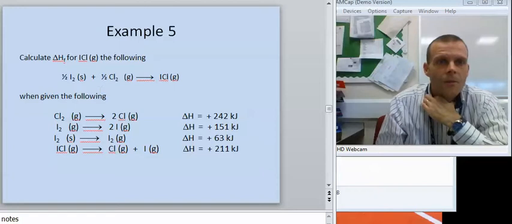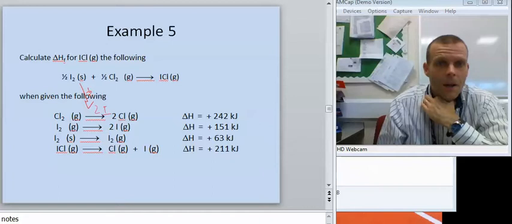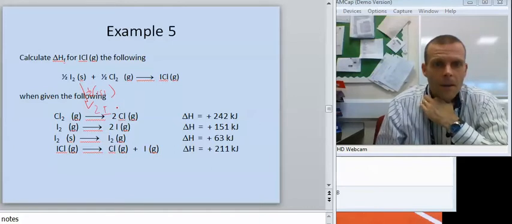Okay, so the information that we've got, I2 forming 2I, and that's plus 151. I'm working with half that at the moment, so it's going to be a half of 151, and that's still got the half Cl2 with it.